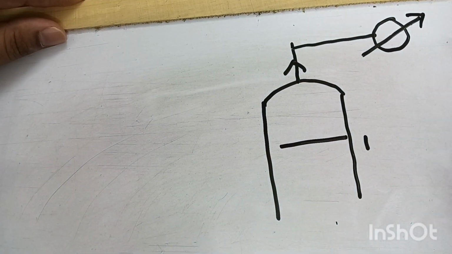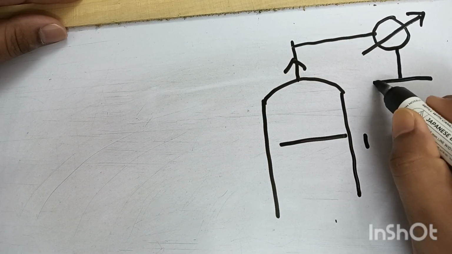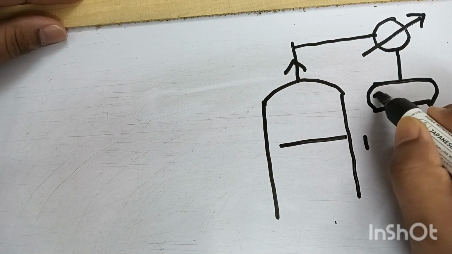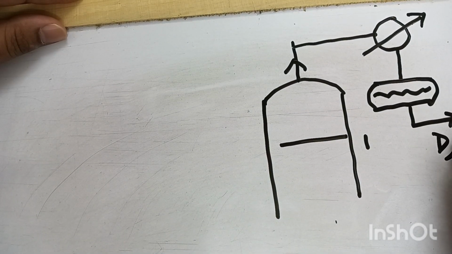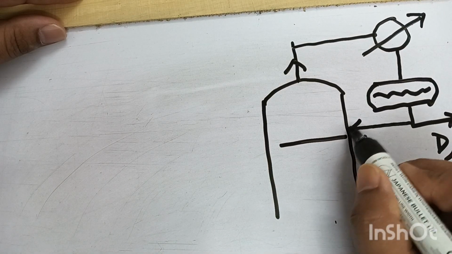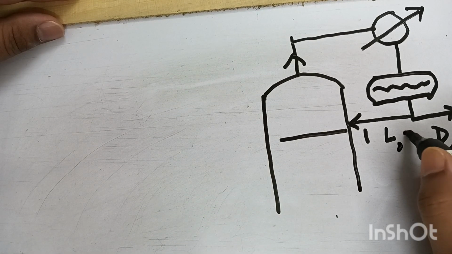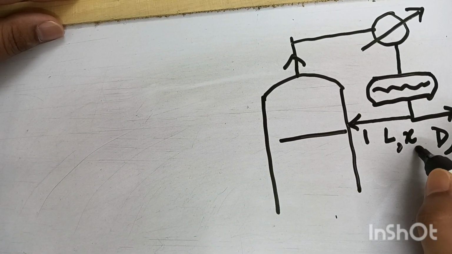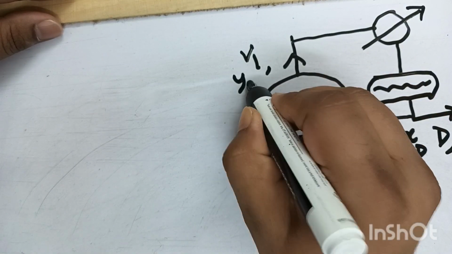If it is a total condenser, then all the vapor will be liquefied into liquid, and part will be taken out as a top product, distillate, corresponding composition is xd, and part will be sent back inside the tower as a reflux. Its composition is also xd. And this is the vapor v1, and corresponding composition is y1.